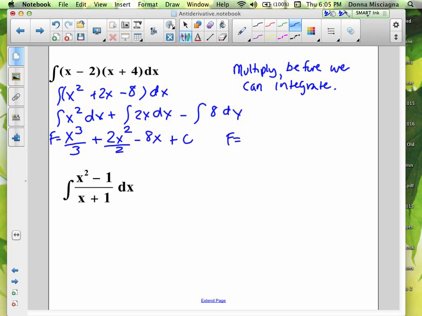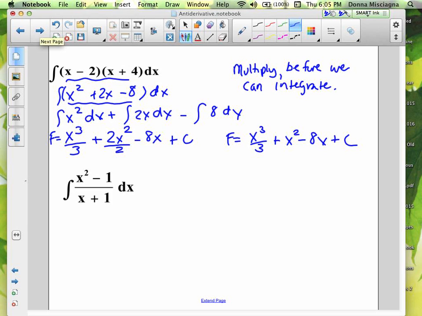So our integral is going to be x cubed divided by 3 plus x squared minus 8x plus c. And like I've said before, if you take the derivative, you're going to get right back to this function. If you want to get back to the original function, you'll also have to factor. So if you take the derivative and then you factor it, you'll get back to what we started with.